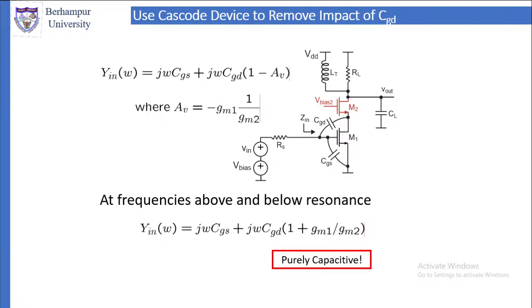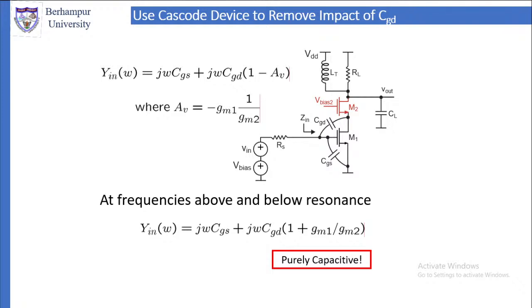To do that, we are going to use a cascoded structure or cascoded amplifier. M1 is our main transistor. Then we have M2, which is in red, the second transistor. The second transistor will not have any input, it will have only bias. The input will be given to the first transistor. Otherwise, this circuit is the same as the circuit that we saw in the previous slide.